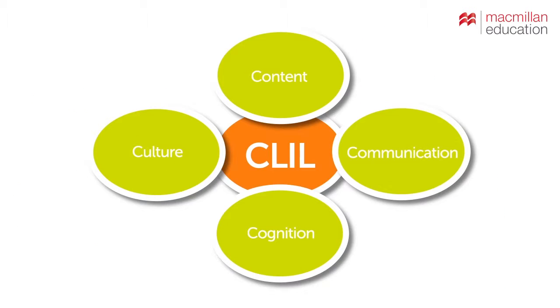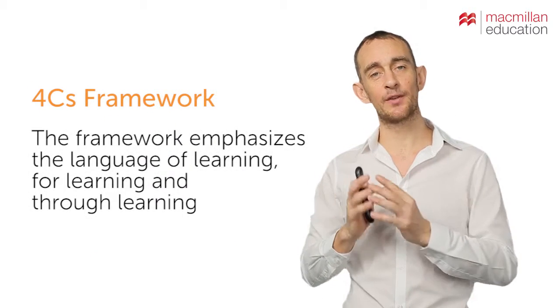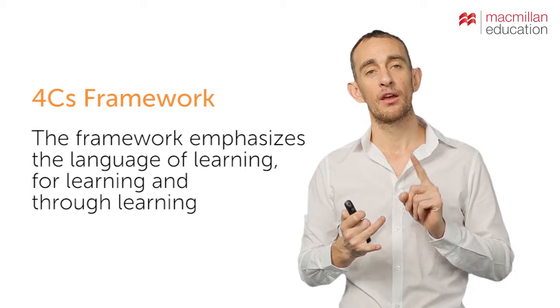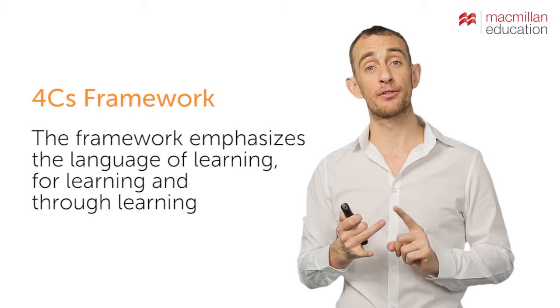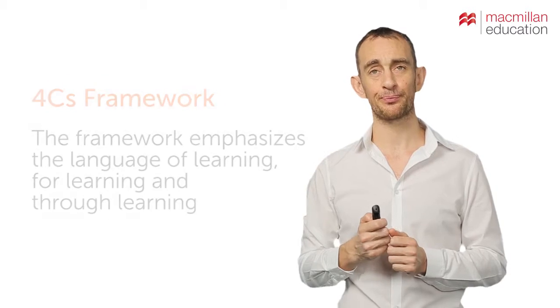And by using this framework, we can balance language skills and subject knowledge. So the framework emphasizes, particularly in the communication strand, the language of learning, for learning, and through learning. And we're going to see how we can do that today.